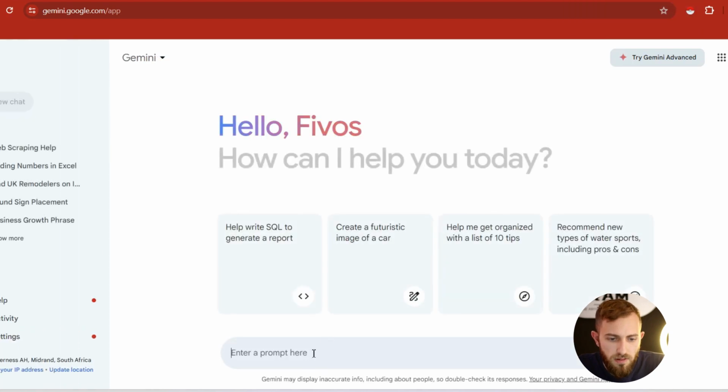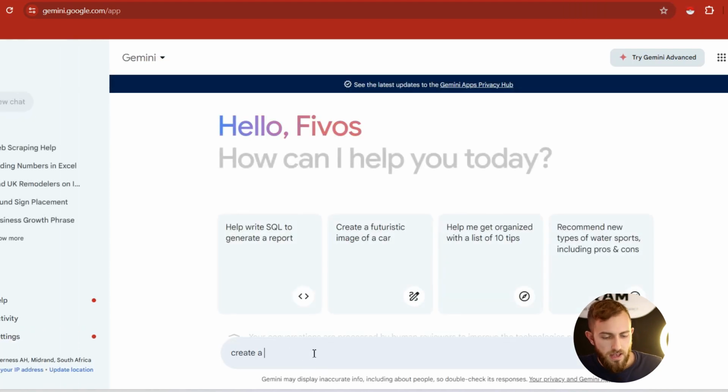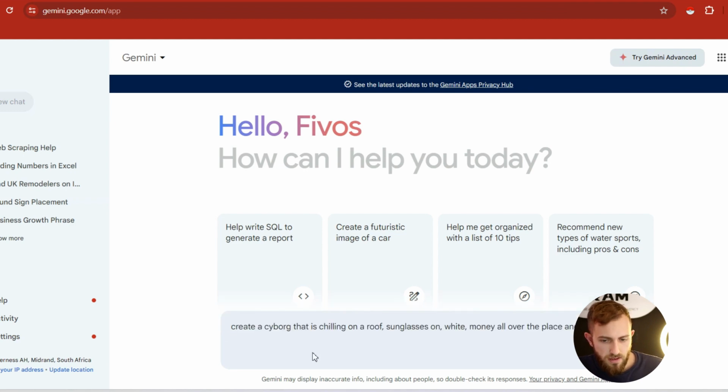All right, for example, I can say create a cyborg that is chilling on a roof, sunglasses on, white, money all over the place, and holding a phone.